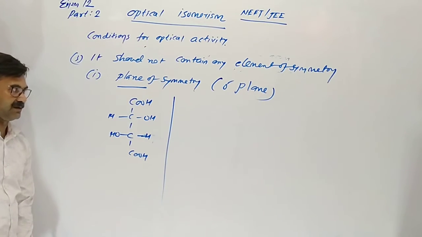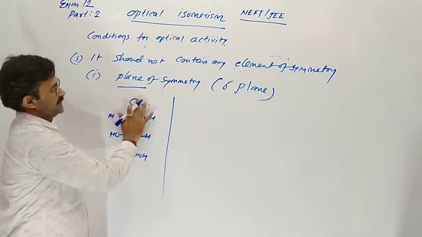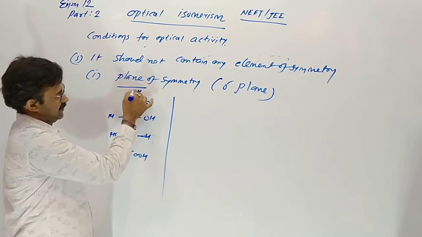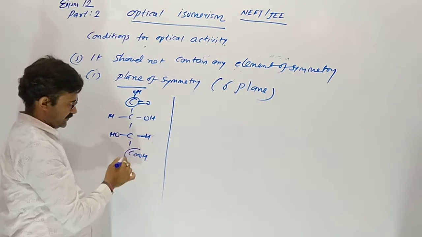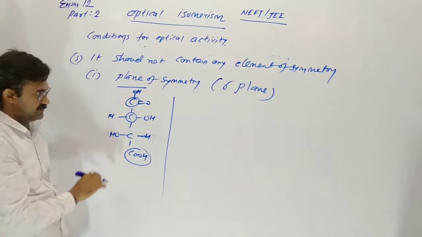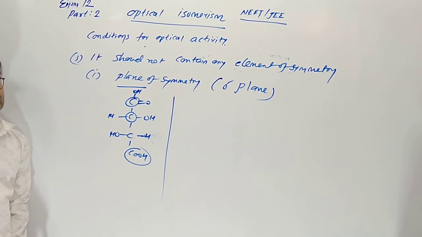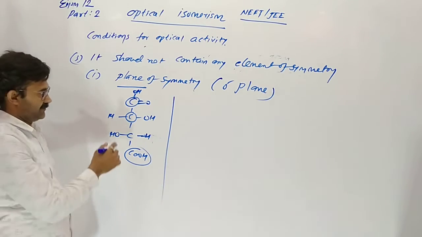Here there are two chiral carbons. How? COOH is not a chiral carbon. Why? There is a double bond. This one is not chiral. What about this? We have to check that all four groups are different.